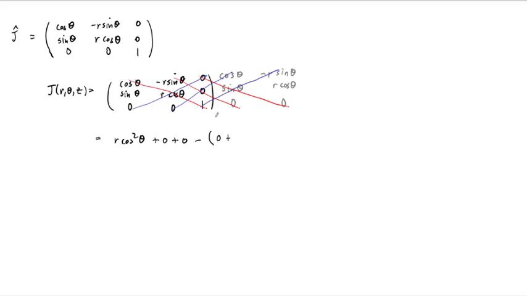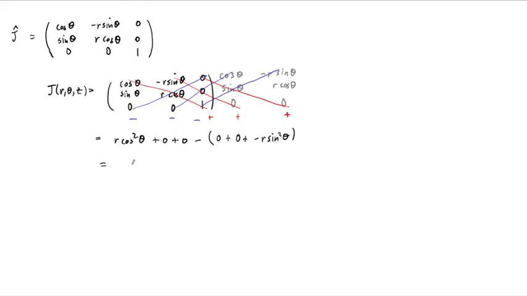This product is 0. This product is 0. This product, though, is minus r sine squared. And if you follow this process, the red ones get added, plus, plus, plus. The blue diagonals get subtracted. And as long as you're careful, this method will always work for a 3 by 3.